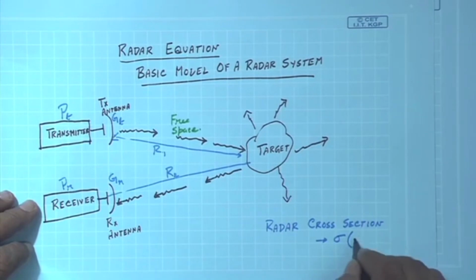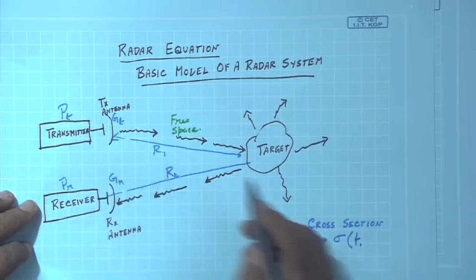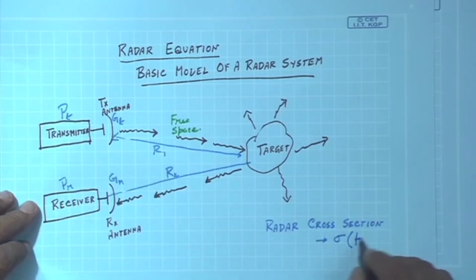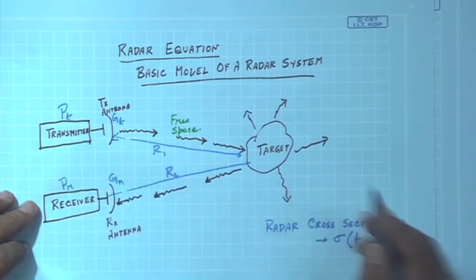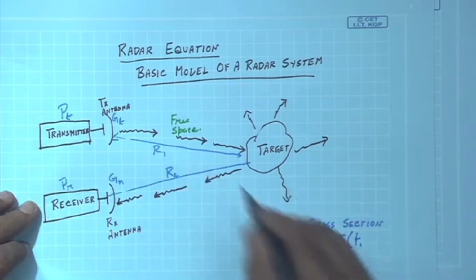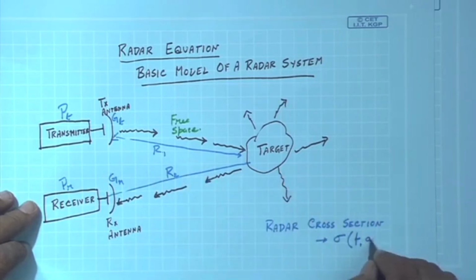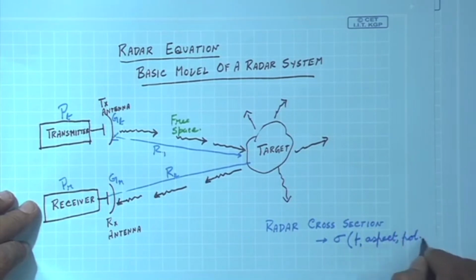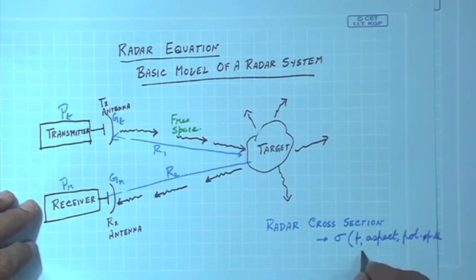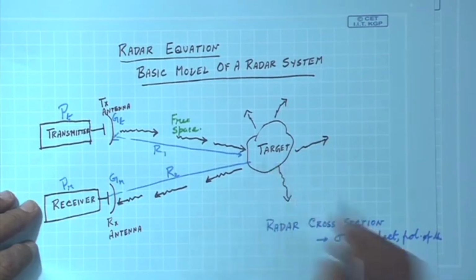Please remember that this sigma is dependent on the frequency of this transmitting source, it is dependent on the angle that it is making, that means we call it aspect angle, then polarization of the wave, then also it is dependent on the material parameters of the body, that means mu, epsilon and sigma of the target.